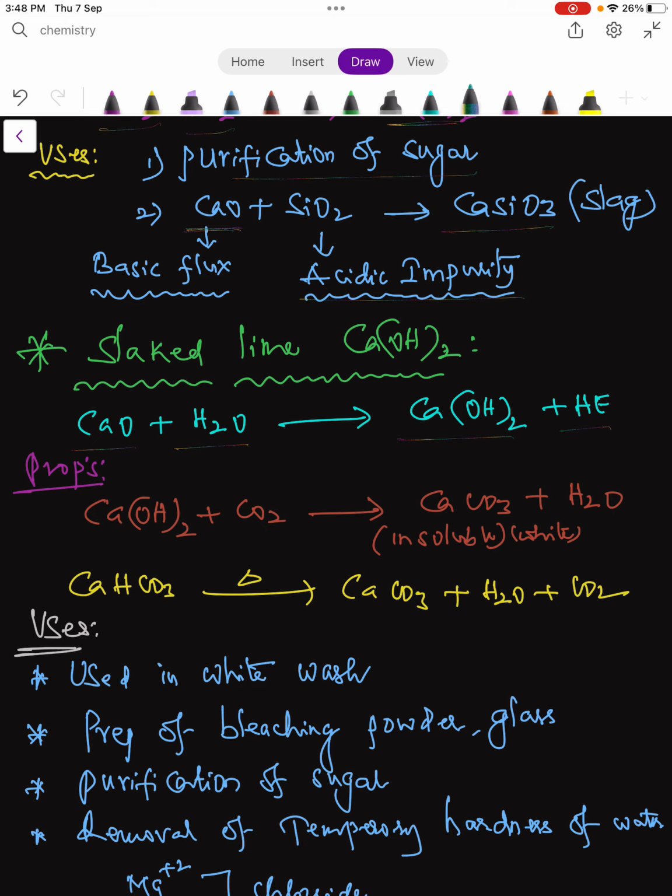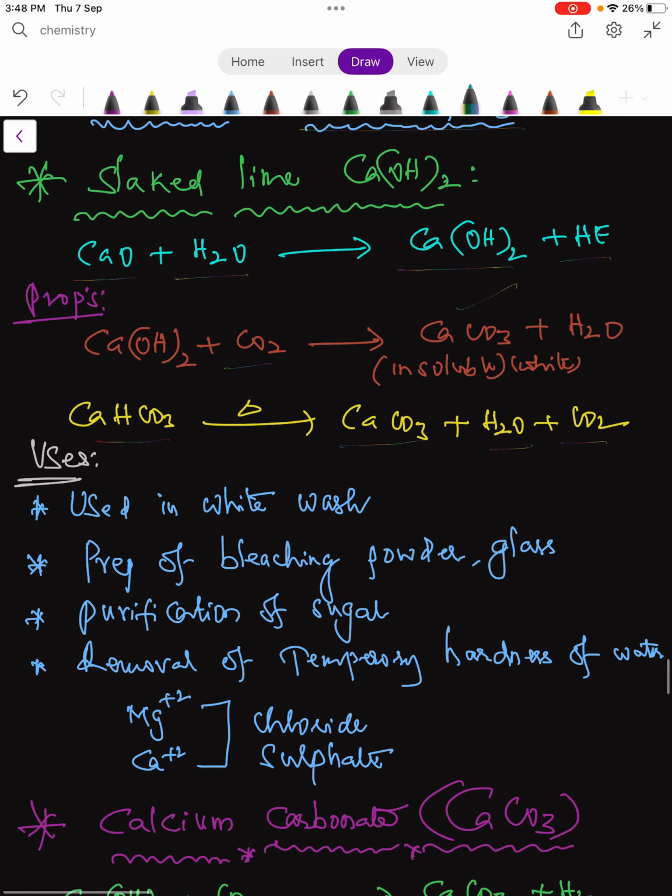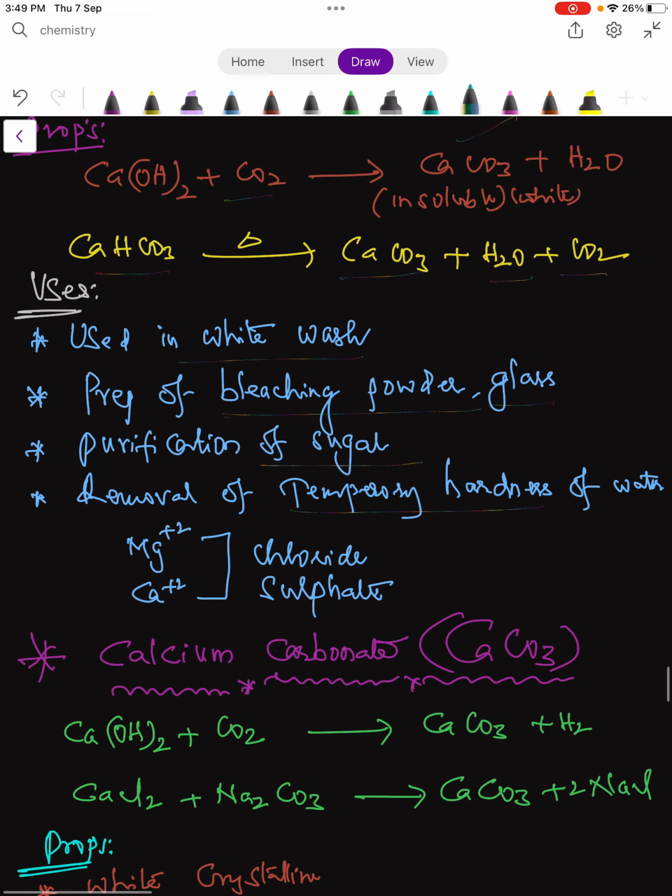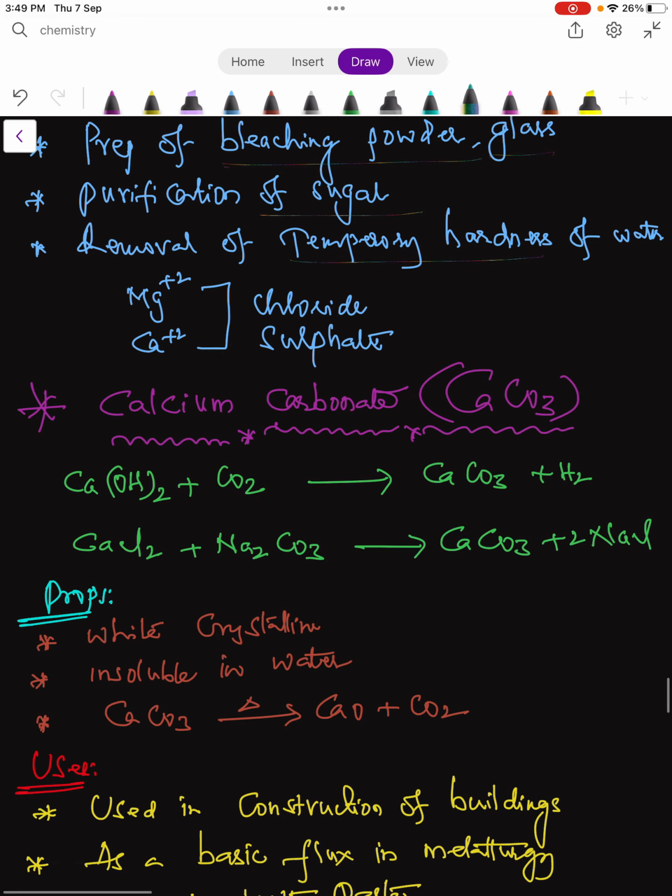Calcium hydroxide treated with carbon dioxide forms calcium carbonate, and calcium bicarbonate on heating also gives calcium carbonate, H2O and CO2. It is used in whitewash, in the preparation of bleaching powder and glass, in the purification of sugar, and in the removal of temporary hardness of water.